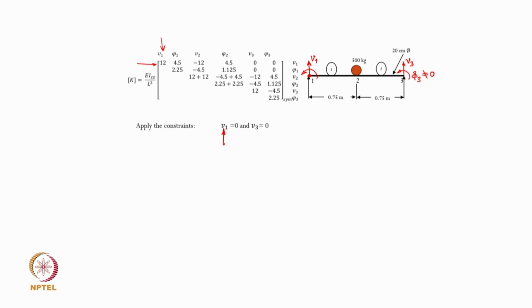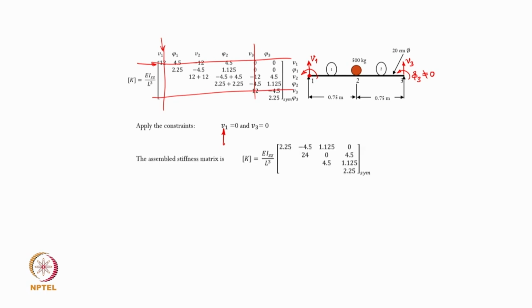So, this particular column is removed from this global stiffness matrix, so is the column corresponding to V3. So, these 4 rows and columns are removed, and after implementing that, what we are left with is the assembled stiffness matrix after applying the constraint to look like this.